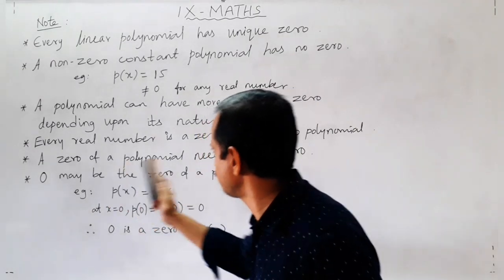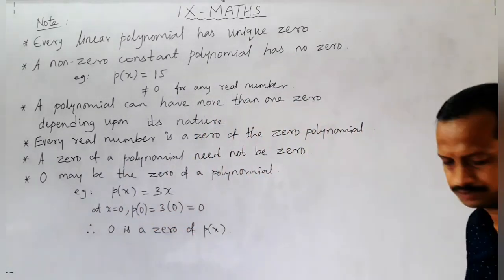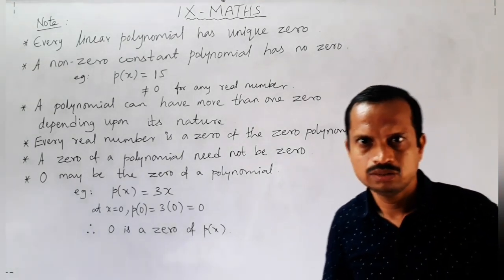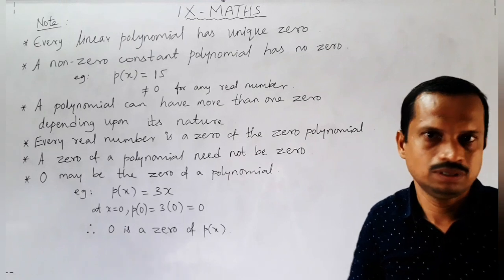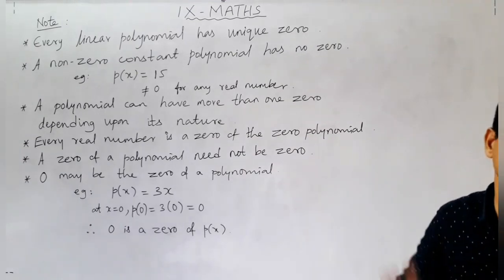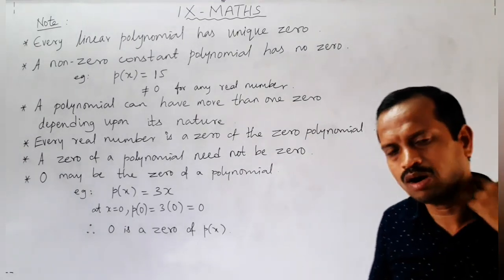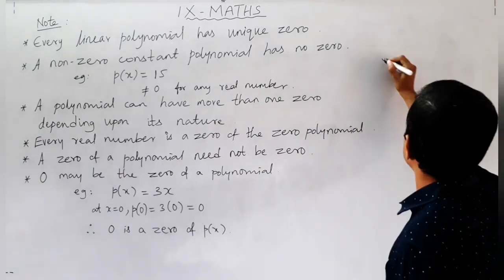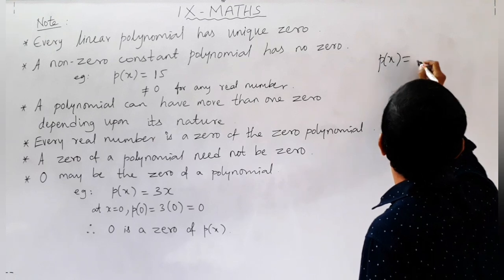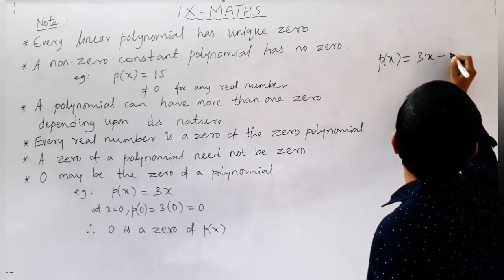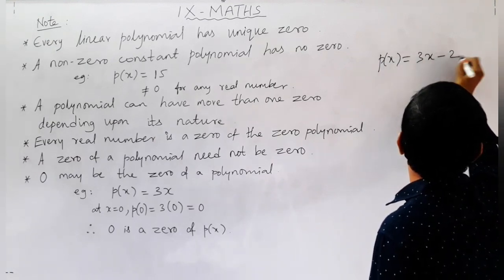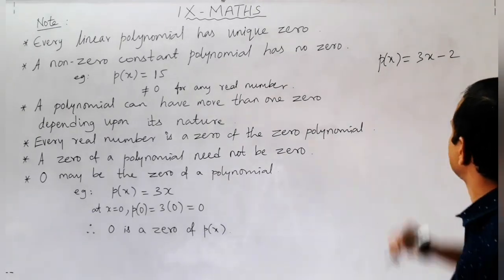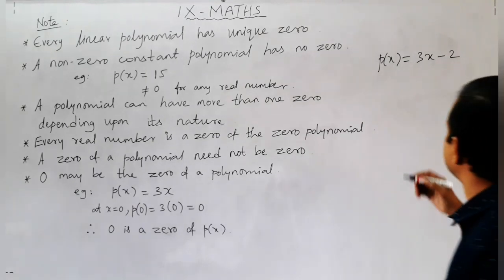And then the next point, just see what is there. A zero of a polynomial need not be 0. Clear? Don't think that the number 0 is the only zero of a polynomial. It's not like that. Maybe or maybe not. For example, just now we have seen that if p(x) = 3x - 2, we try to find the zero of this. What happens?